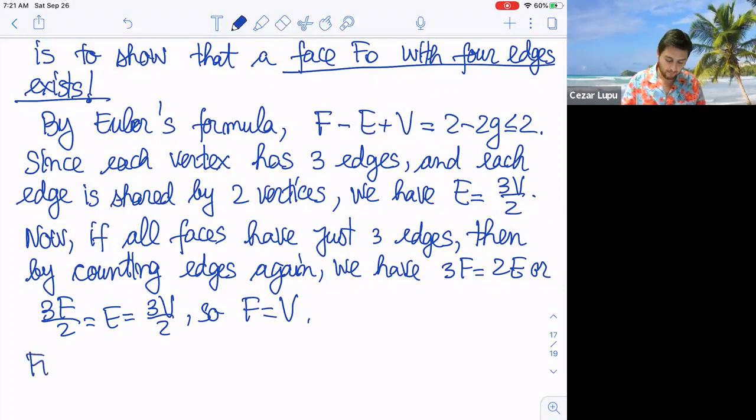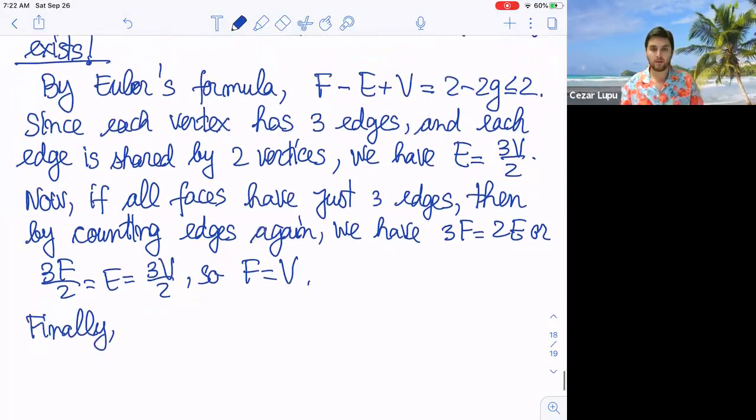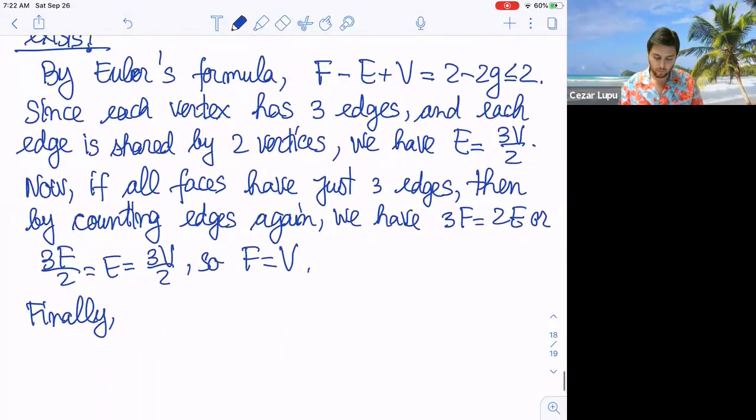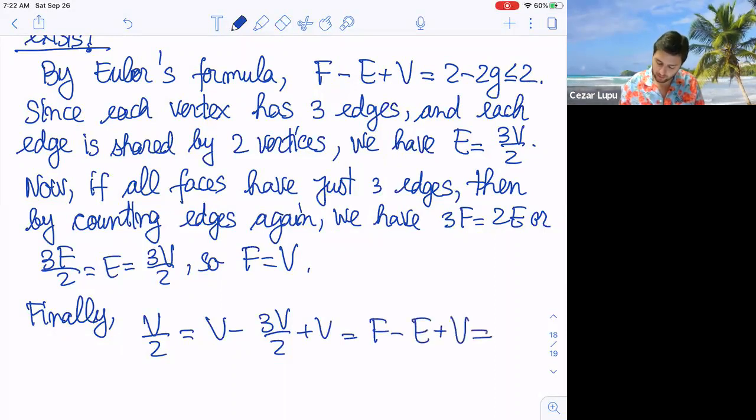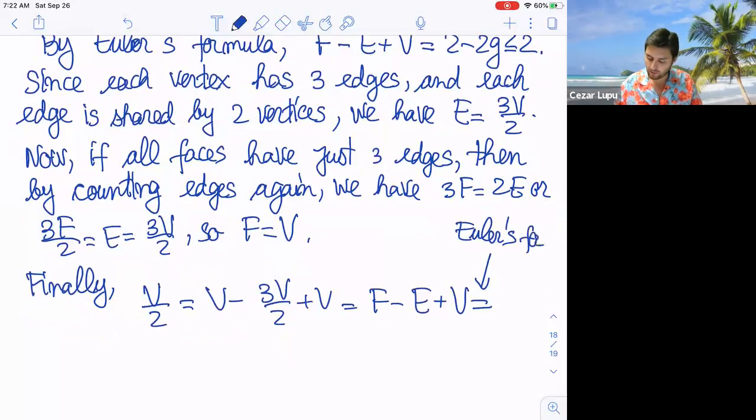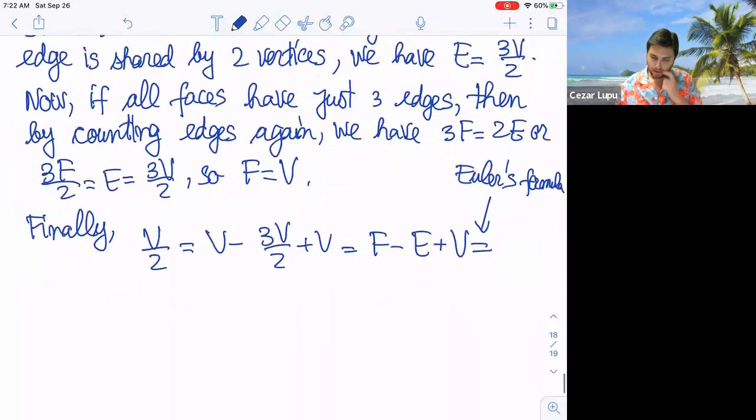And finally, this will give us, let me write it in this way: f minus e plus v, which will be again, by Euler's formula, less than or equal to 2.